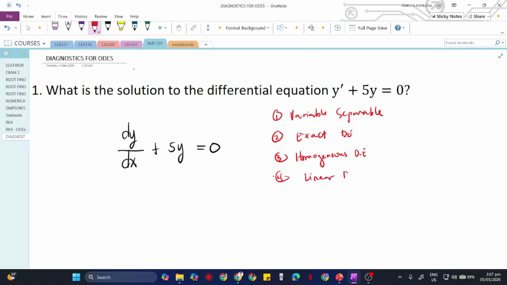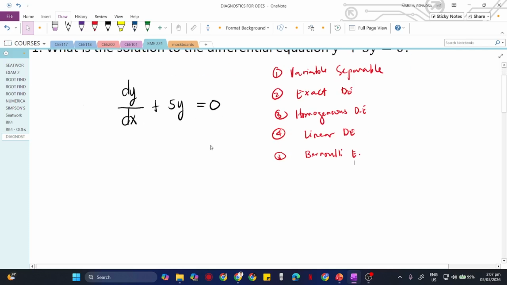These are for ordinary first order only, class. And lastly is Bernoulli. Higher order ordinary differential equations use different methods. For this problem, the appropriate method is variable separable.